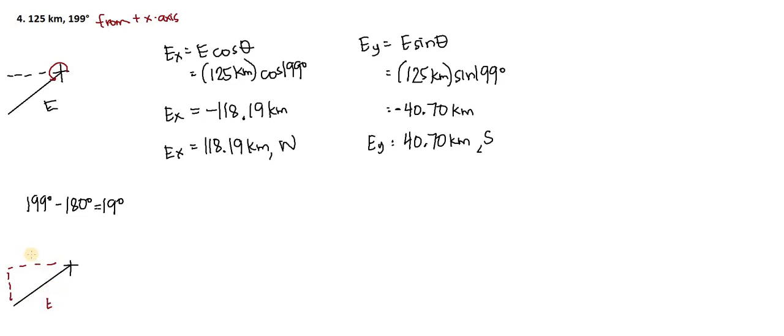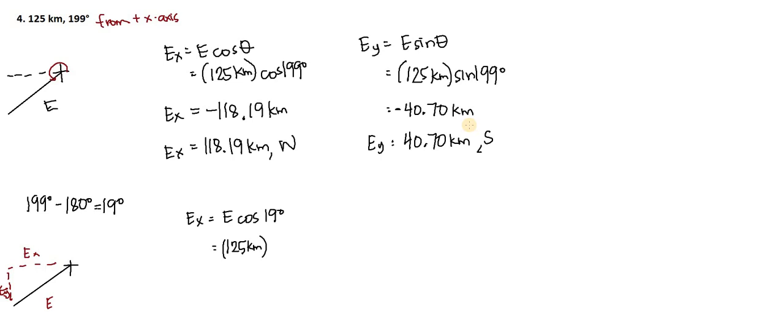Okay, this is your E. This is your E sub x. This is your E sub y. Okay, tingnan natin kung same yung lalabas. Okay, E sub x is equal to E cosine of 19 degrees. So, 19 degrees na yung gagamitin natin kasi nag-subtract na tayo. So, that will be your 125 kilometer.